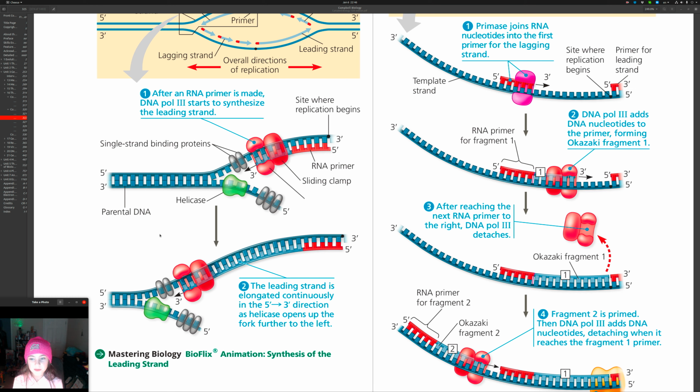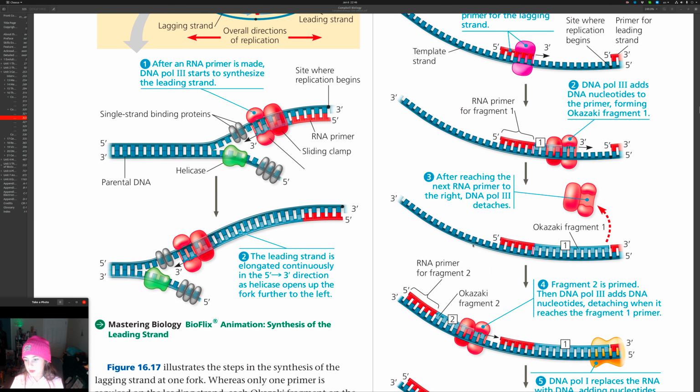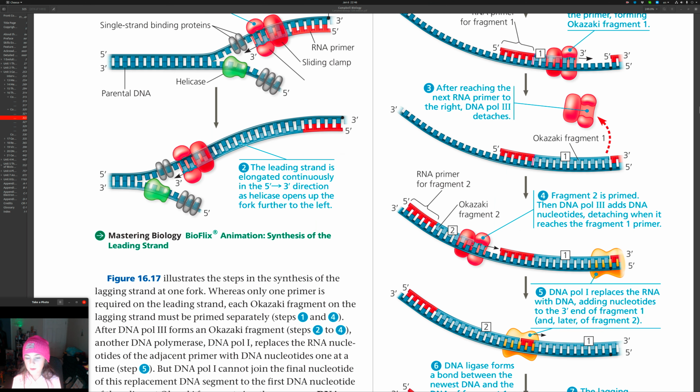After reaching the next RNA primer, the DNA polymerase 3 detaches. Done. Then fragment 2 is primed: the primase passes through, and that's the new primer. And the DNA polymerase 3 adds some DNA, and then it detaches when it reaches the fragment 1 primer.